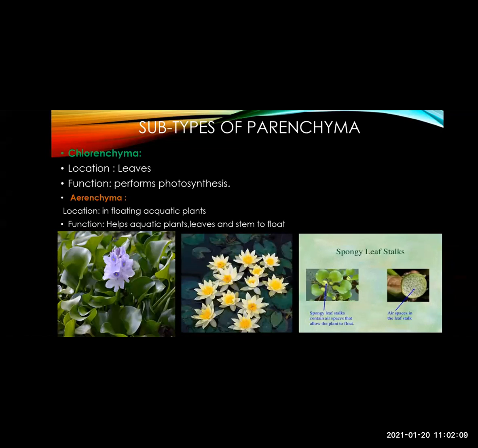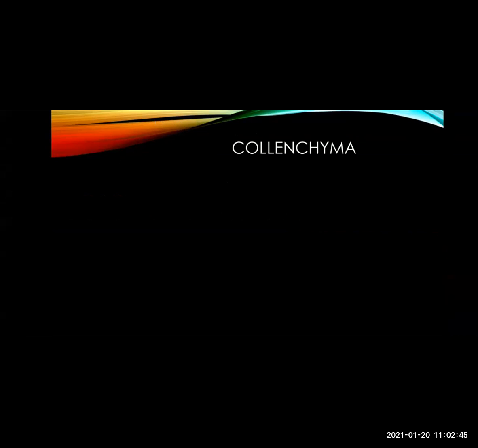These are majorly found in aquatic plants which are floating on the water surface or submerged under the water surface. Examples are Eichhornia, water lilies or the lotus plants. Then you have Pistia, all these different types of floating plants. If you cut the leaf or the stem of such plants, you can easily observe the aerenchyma cells, which look like this. Hope it is clear to all.